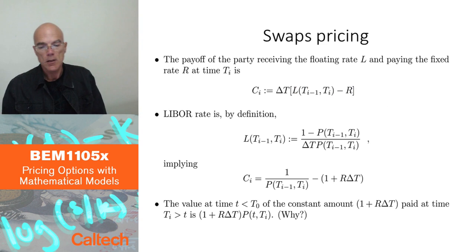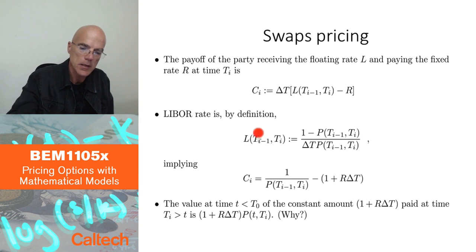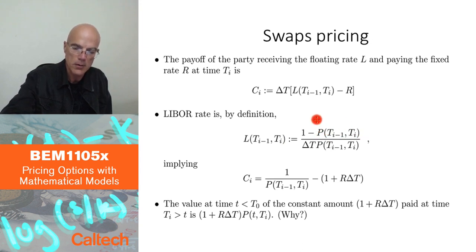So this is what we want to price. Well, we want to price every ci, and then we're just going to add the price of all ci's to get the price for the total swap. Now, the LIBOR rate, by definition, is defined in terms of bonds. The notation P of ti minus 1, ti is the price of a zero coupon default free bond at time ti minus 1, and the bond matures at ti and pays $1.